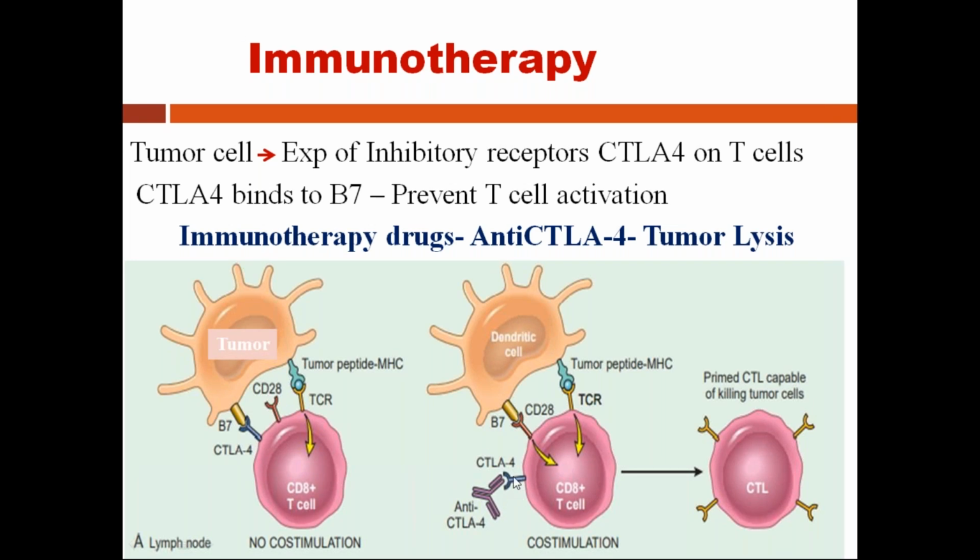By binding to this receptor, the CD28 receptor now does not face any competition from this inhibitory receptor. So it binds to this B7 ligand, which is present on the dendritic cell as well as the tumor cell. Following the activation of this receptor along with the activation of the TCR receptor, the PI3K pathway gets activated and the cytotoxic granules are released, killing the tumor protein as well as the tumor cell proper.